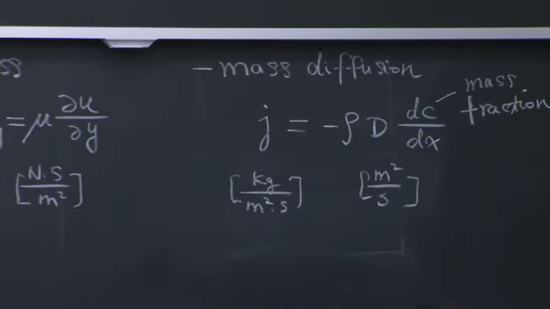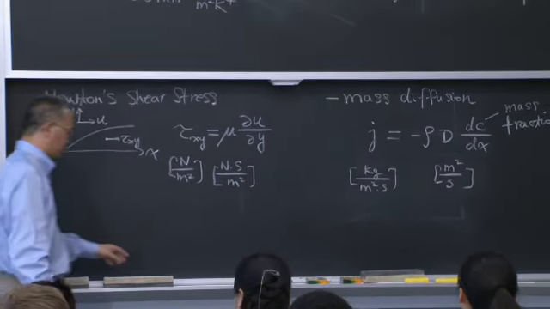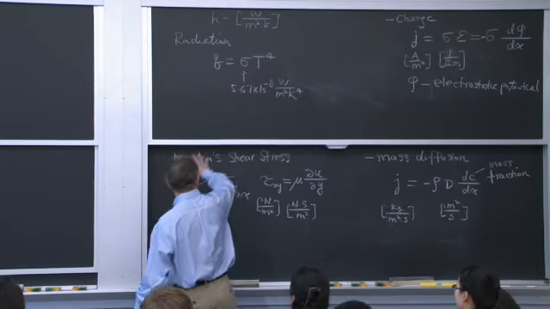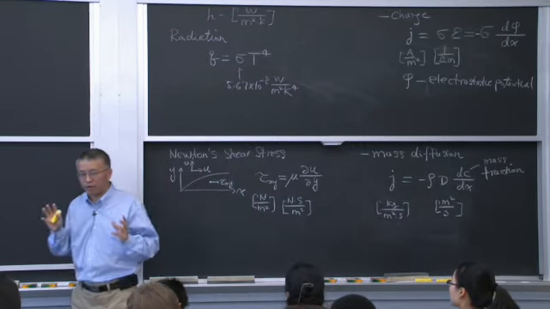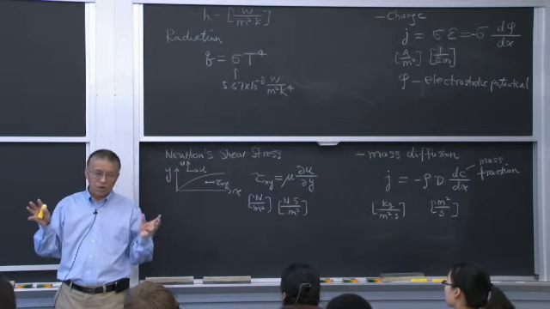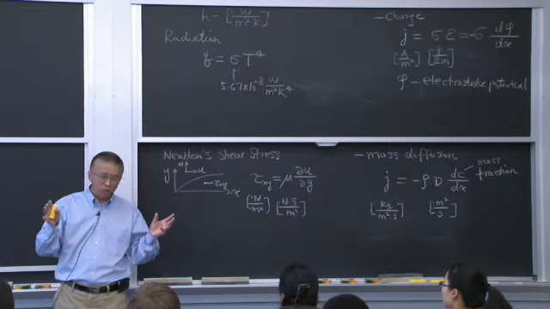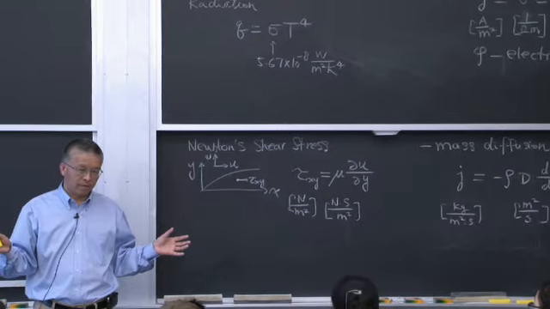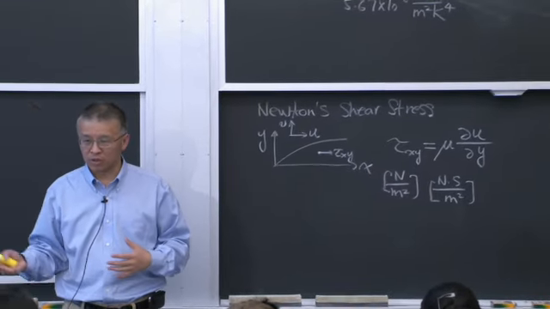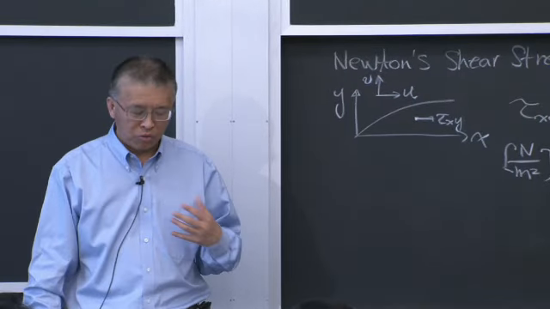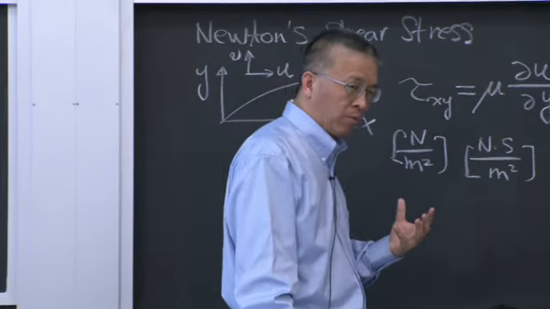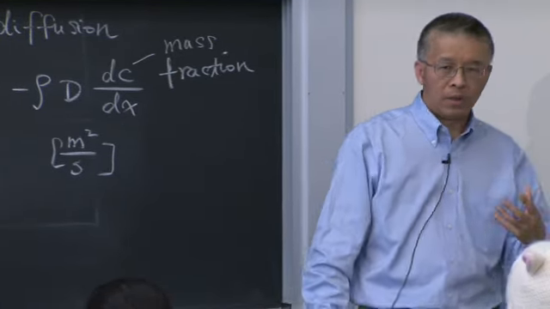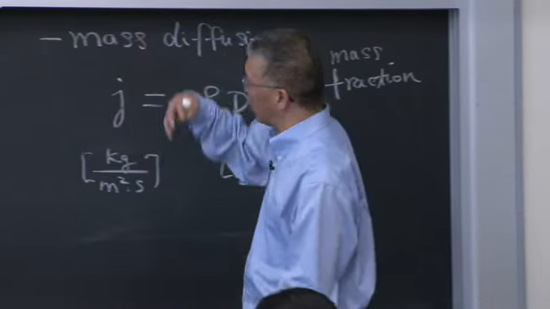And I'll show you in the next lecture how to derive them. Okay? So we said those are the continuum laws, the ones at least you feel comfortable with. And the question we ask is, when we go to nano, are those still valid? If they are not valid, what alternatives do we have? And to do that, we need to go to the granular picture. We need to look at the individual charges, individual molecules, and individual photons.